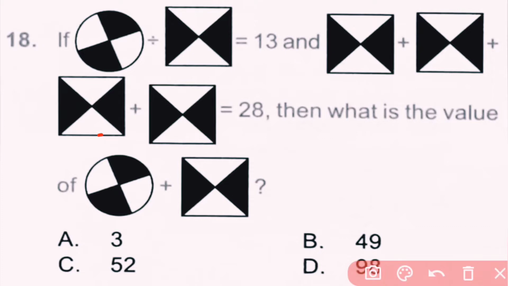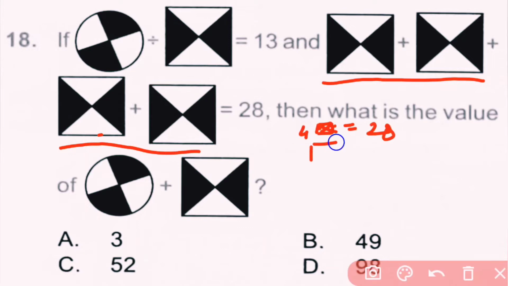Question number 18, if ball divided by square is equal to 13 and 4 squares is equal to 28, then what is the value of ball plus square? So here we first find the value of square. Here 4 squares is equal to 28. So 1 square is equal to 28 divided by 4, which is 7. Now we put the value of square here.